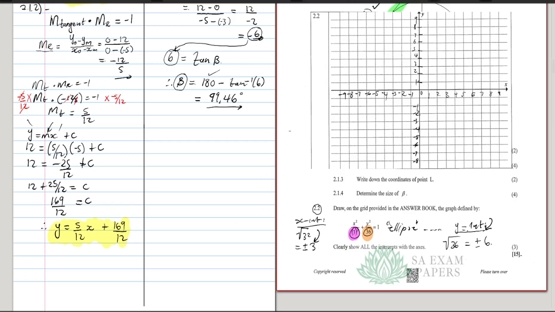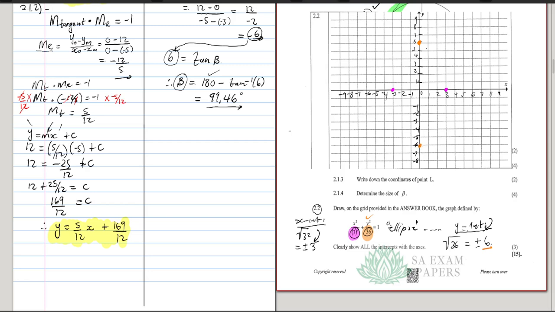Alright, then we plot the plus minus 3. This is negative 3. This is plus 3. And then we have the orange that represents the y-intercept. This is the y-intercept, so that's positive 6, and negative 6 right here.